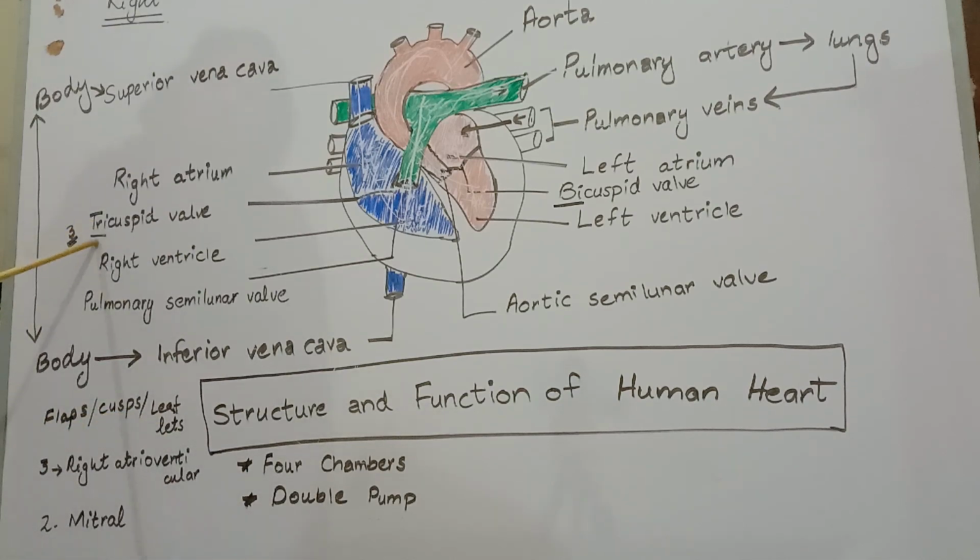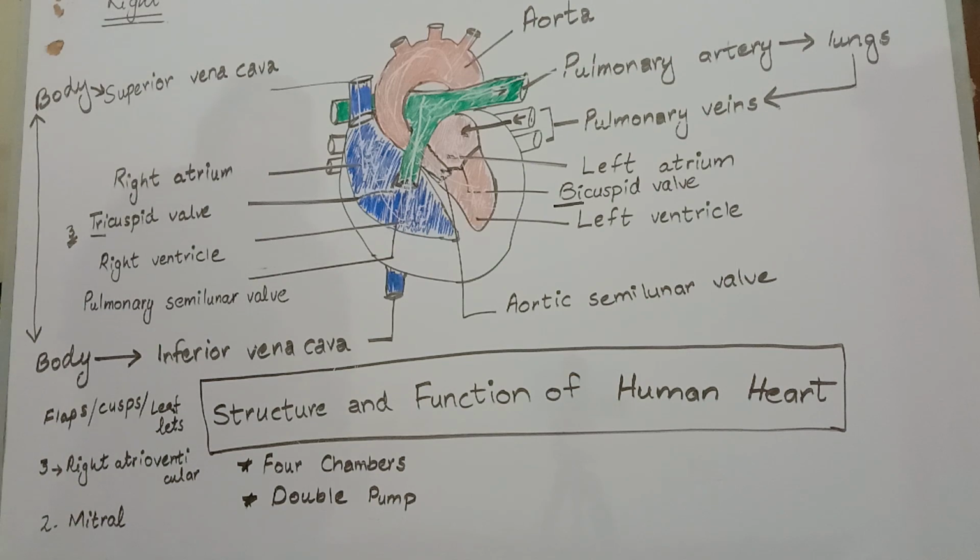That is why it is called the tricuspid valve. Another name for the tricuspid valve is the right atrioventricular valve, because it is on the right side, between the atrium and ventricle.